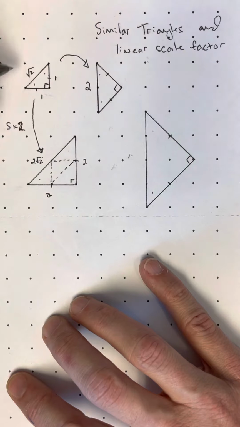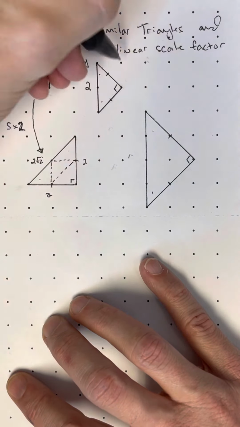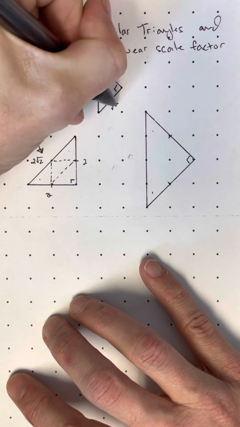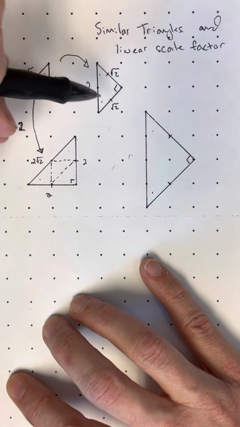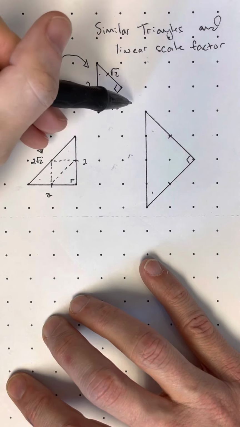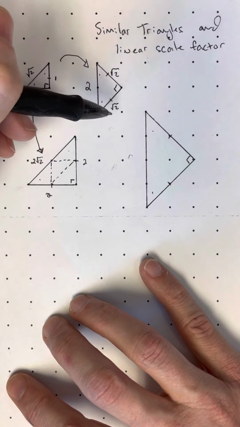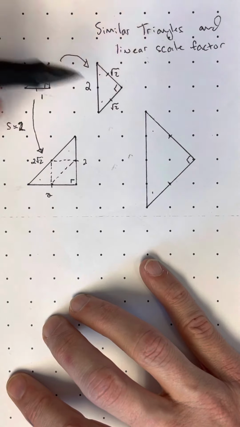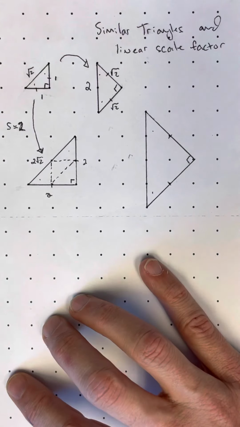And notice the hypotenuse here, square root of 2, that's the side length here. So each of these sides has square root of 2. Again, why do I know it's square root of 2? Think of it as part of a right triangle. 1 squared plus 1 squared equals that squared. So 1 plus 1 is 2. So 2 equals this thing squared. So this thing equals square root of 2.